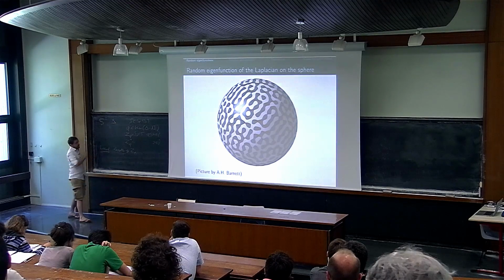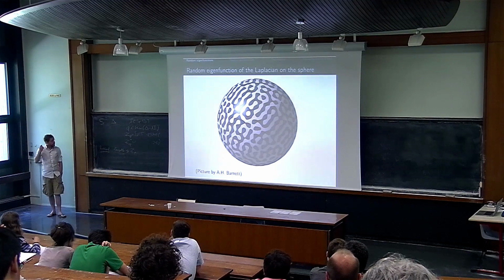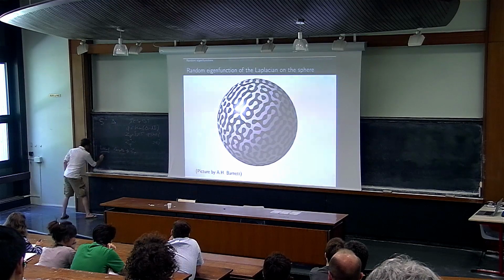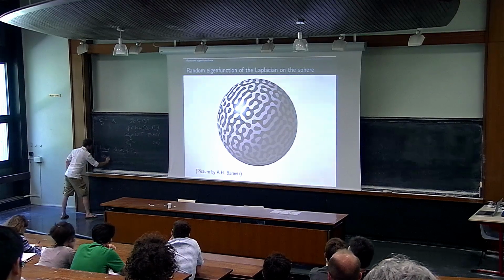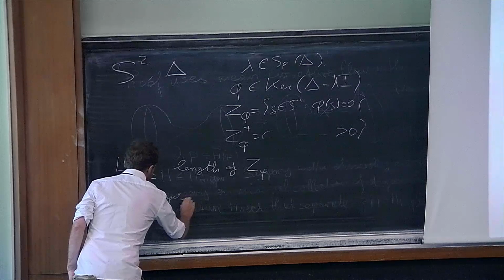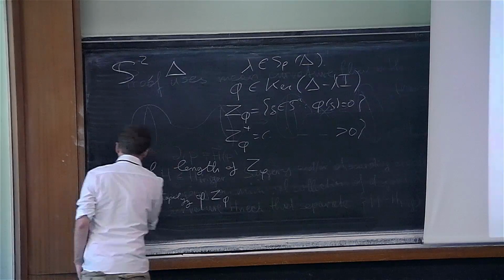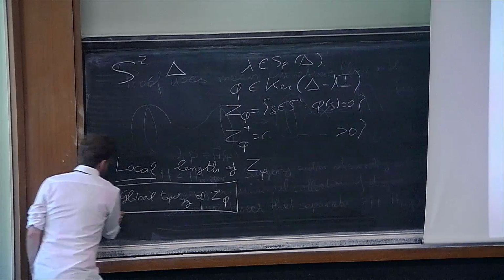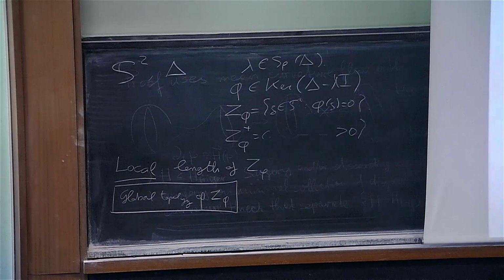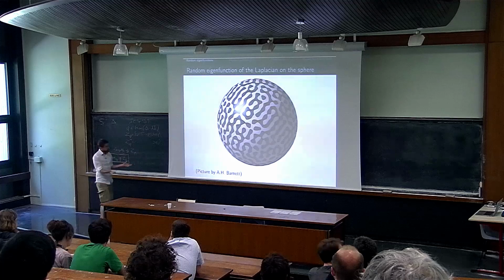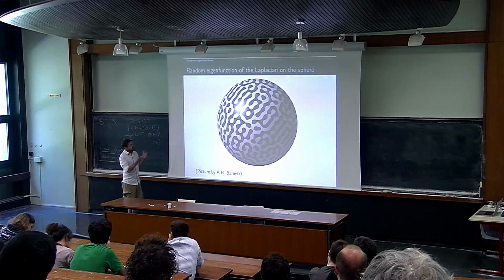And this is not what we want to understand. The main question that we are asking is, what can you say about the global topology of this Z_phi? So the typical result that you get if you look at the local structure is that the number of connected components satisfies the law of large numbers.